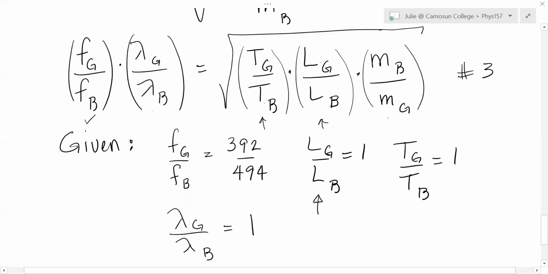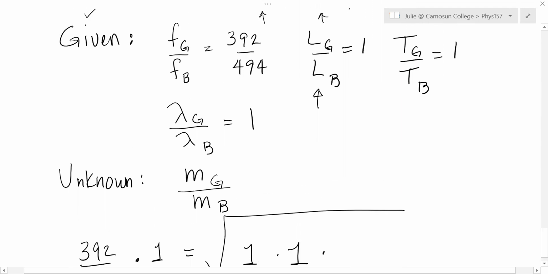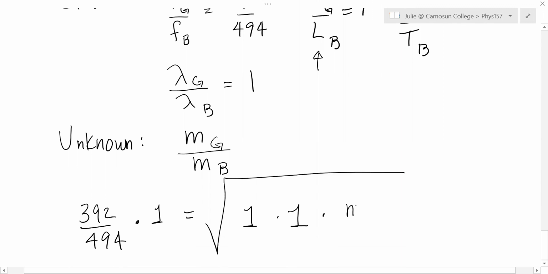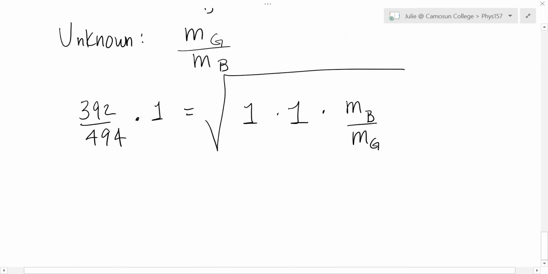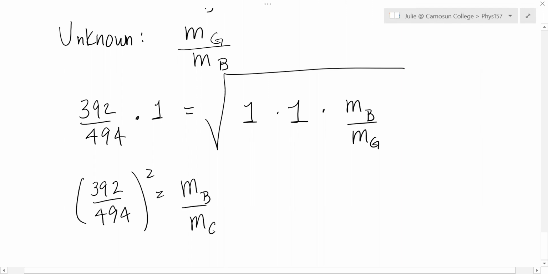That's 1. That will be left. So I'll have a 1 times a 1 times, now these are upside down, B over G. That's okay. We're going to flip it when we get our answer. Okay, square both sides. And we have that 392 over 494 squared must be MB over MG.